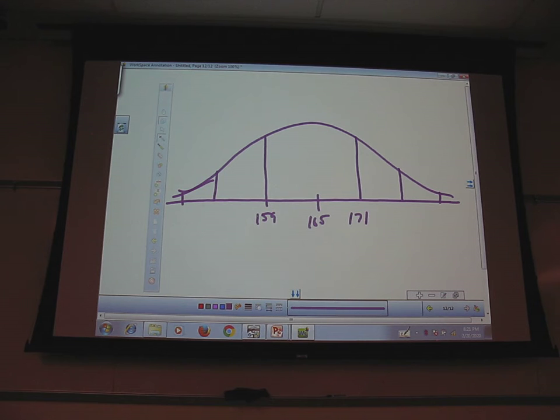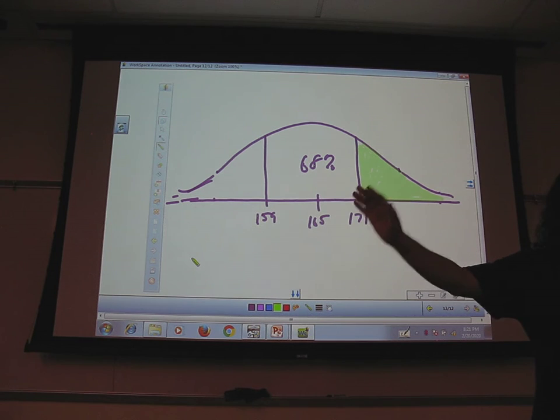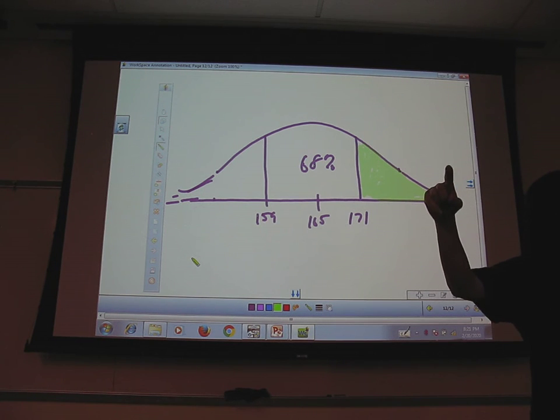We just talked about the fact that 68% lie between those two. Everybody's on board with that part? But here's a question. What percent lies above 171 over here? You're going to get a question similar to that on your homework. How do you find it? If 68% is on the inside, what percent's on the outside? 32. Because it has to add up to 100%.